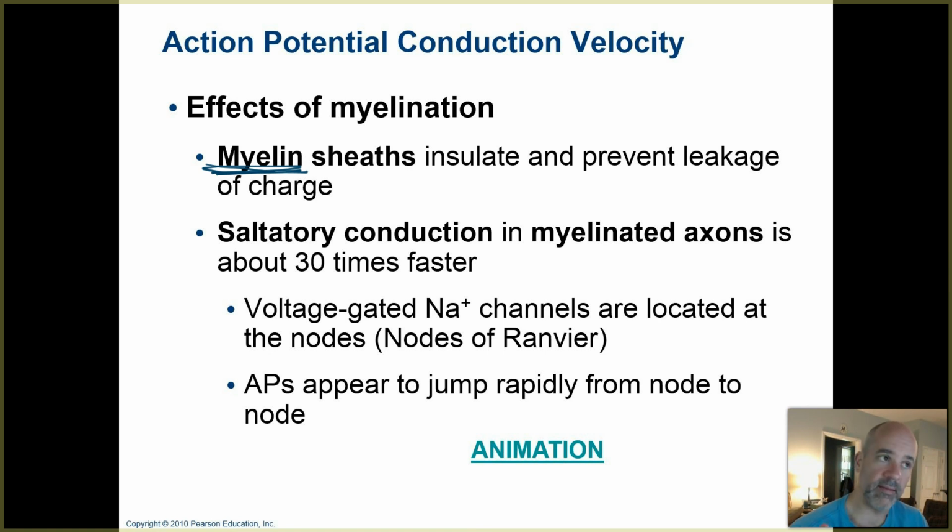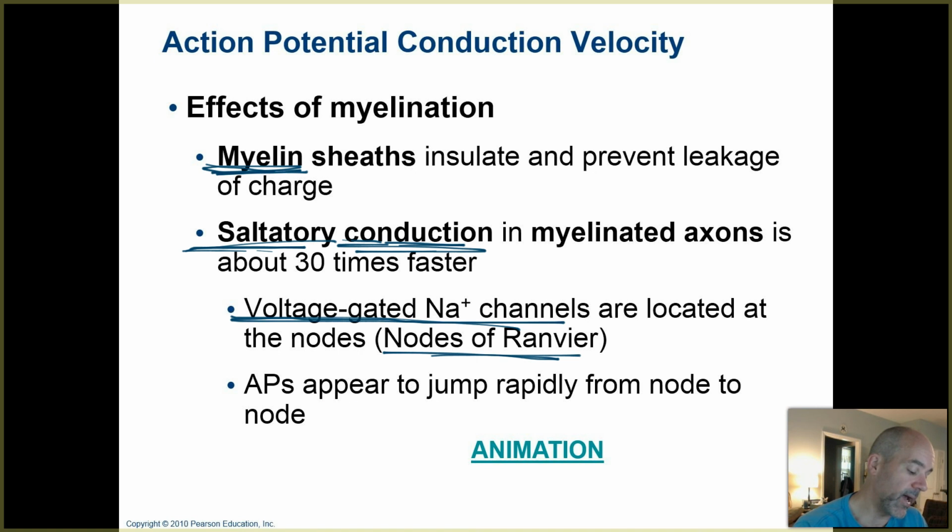Again, it functions like insulation, and the movement of the action potential down the axon, where it jumps from node of Ranvier to the next node of Ranvier to the next, is called saltatory conduction. That's another term for that. So the only place where you have those voltage-gated sodium channels that you need for your action potential will be at the nodes of Ranvier.